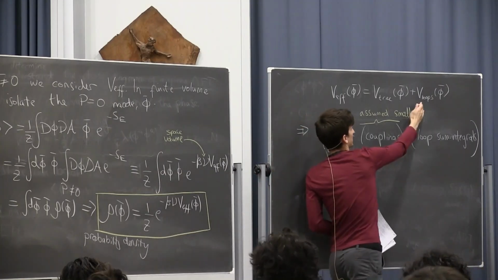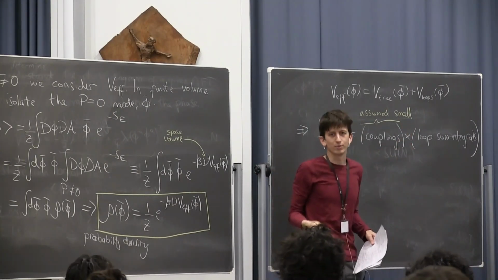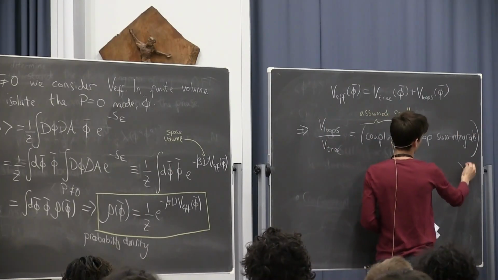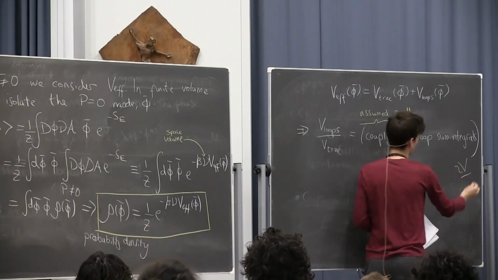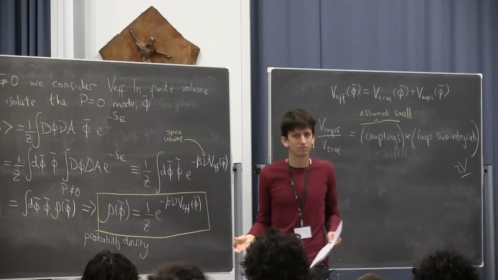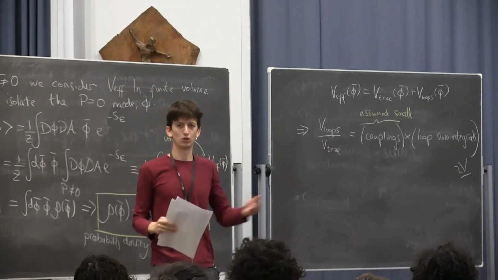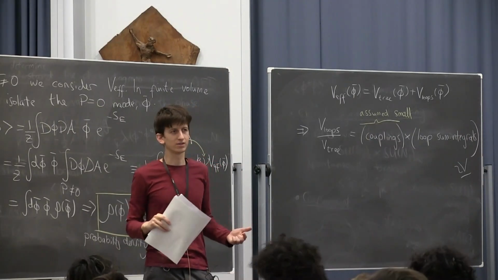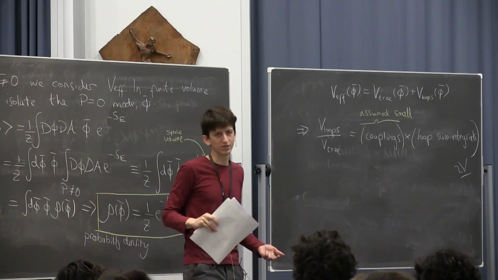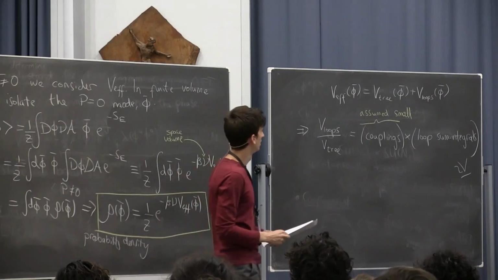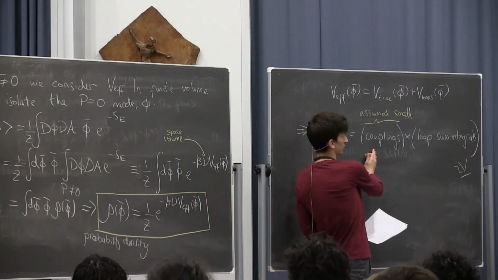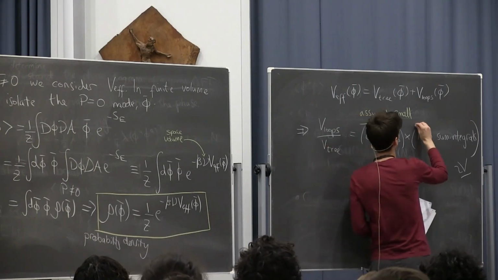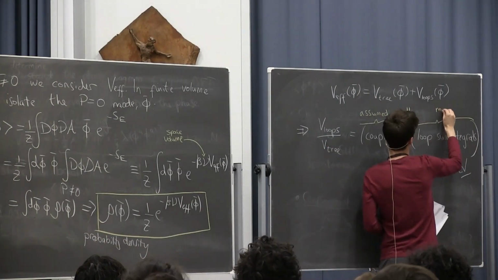And for the loops to have some significant effect to change the shape of the potential, this has got to be bigger than about 1, roughly speaking. The loops have to be bigger than about 1 times the tree level bit. Otherwise, the tree level bit and the loop corrected bit will look the same. This should look different. And given that the couplings are assumed small, that means the loop sum integrals must be big.